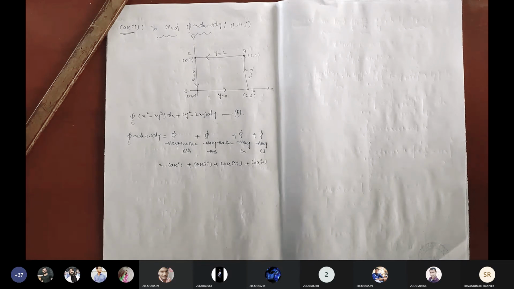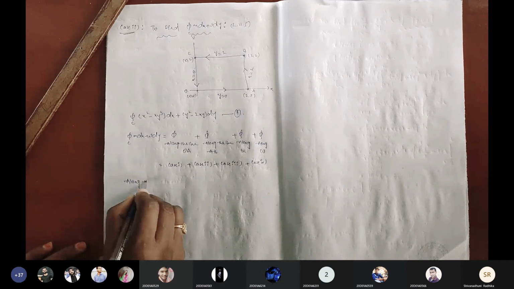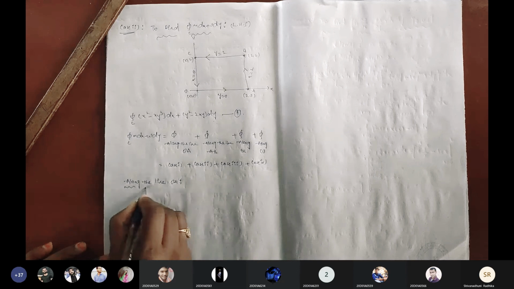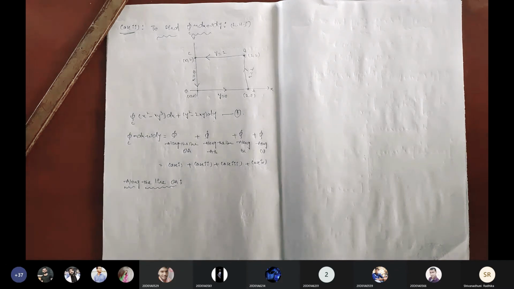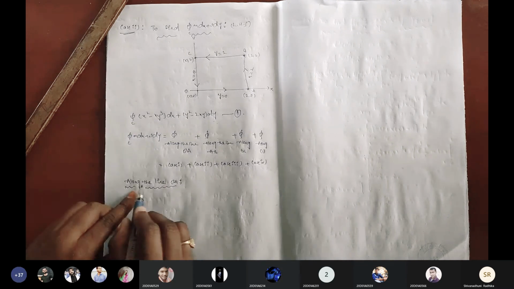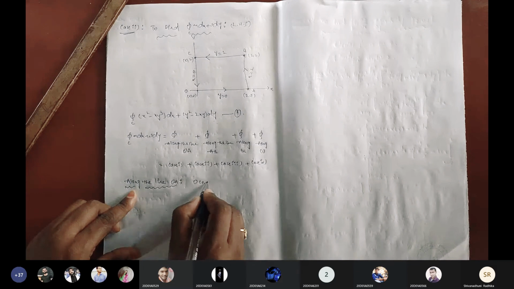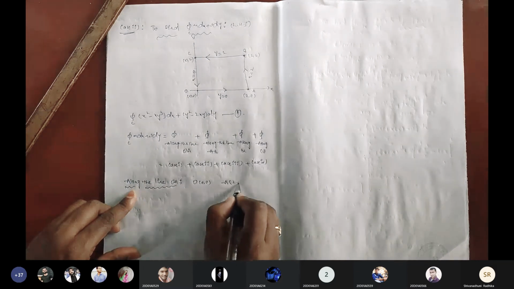Now, first, along the line OA. Clear, all of you? Along the line OA, so what we are using is that line only. O points are 0, 0 and A points are 2, 0.